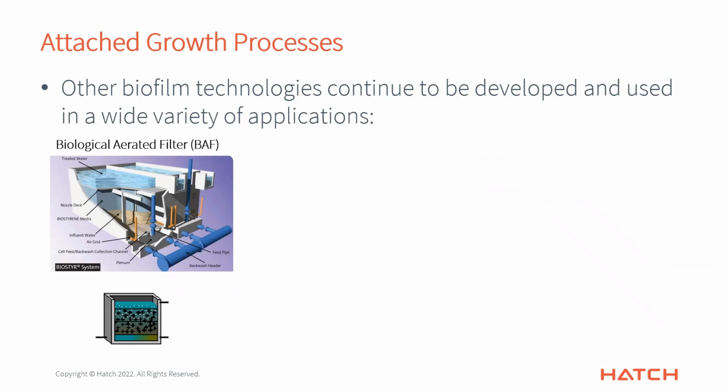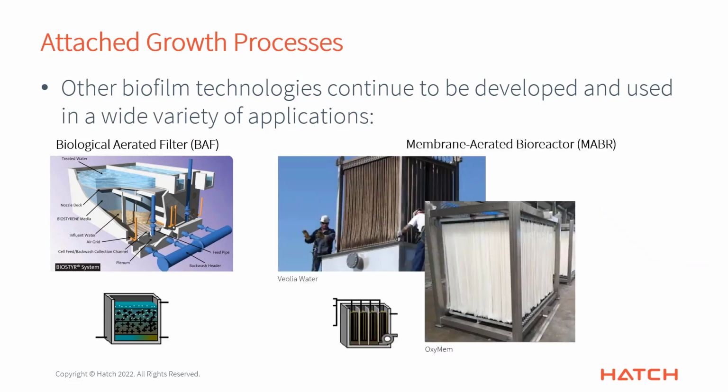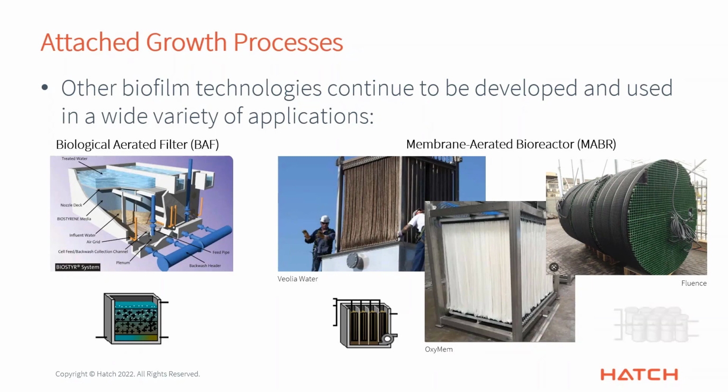So BAFs, they're biological aerated filters that combine filtration and aeration and growing biofilm on those processes. We have models for those in GPS-X as well. And then also membrane aerated bioreactor, which is probably the most recent unique technology that has hit our market there. And we have a couple of different forms of that model as well.